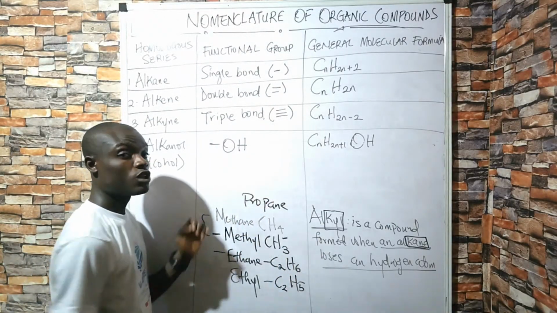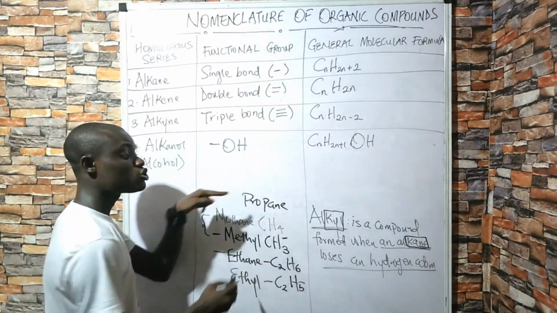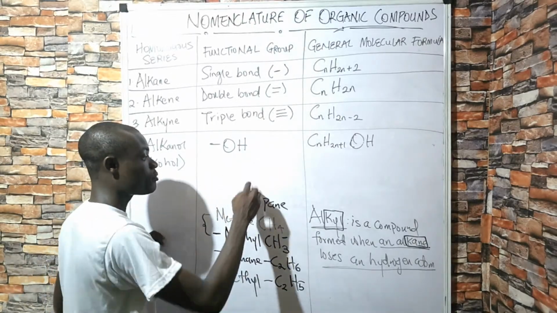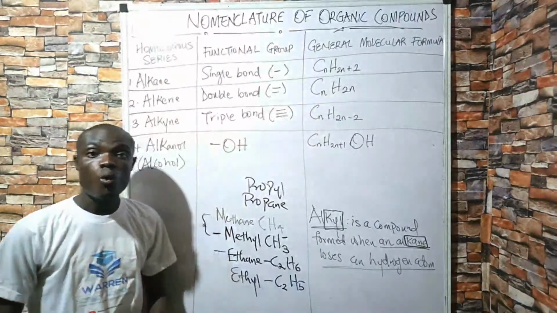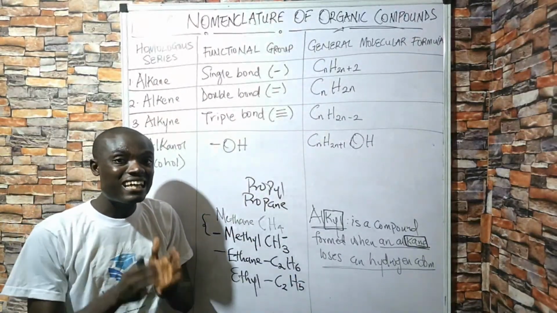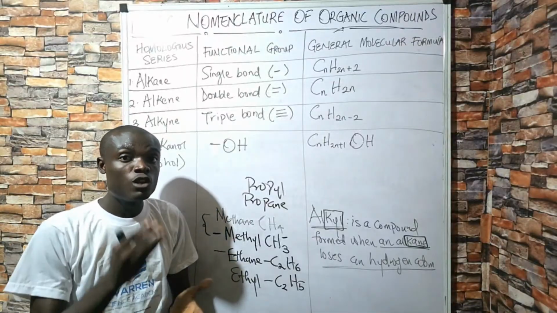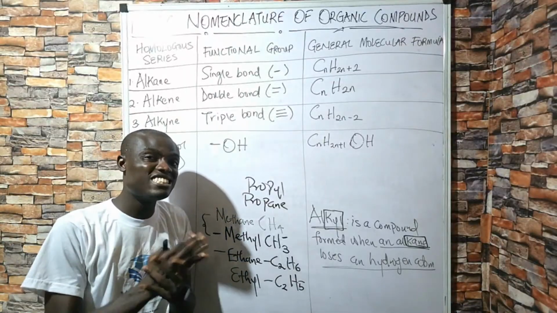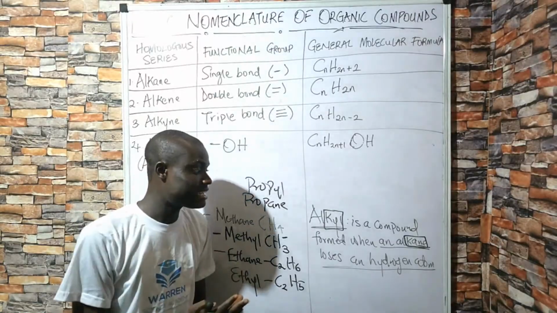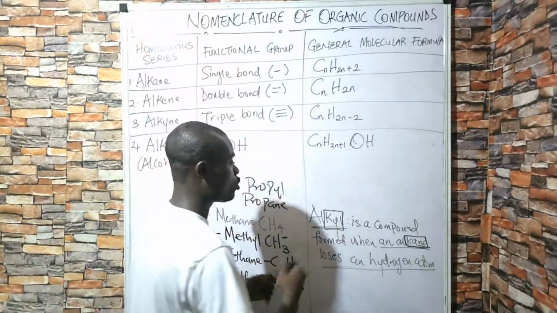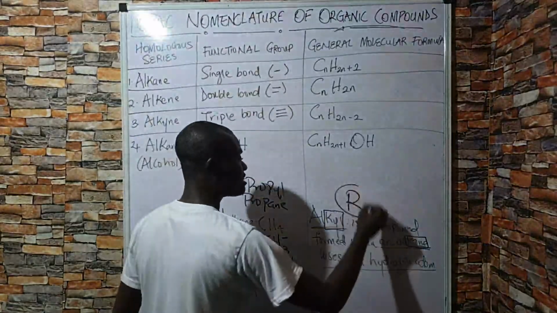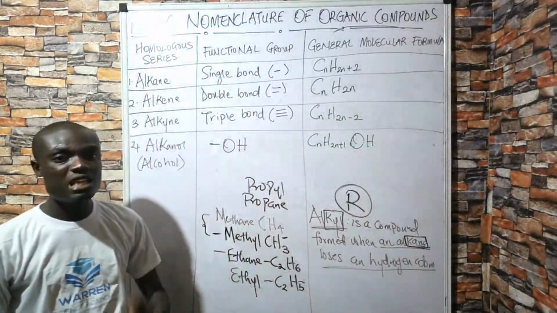If propane loses one hydrogen, it's no longer going to be called propane, but rather a propyl. So take note of these differences. Whenever an alkane loses a hydrogen, it is referred to as an alkyl. Now, mind you, alkyl is represented with R. Whenever you see R, just know that you are talking about an alkyl.